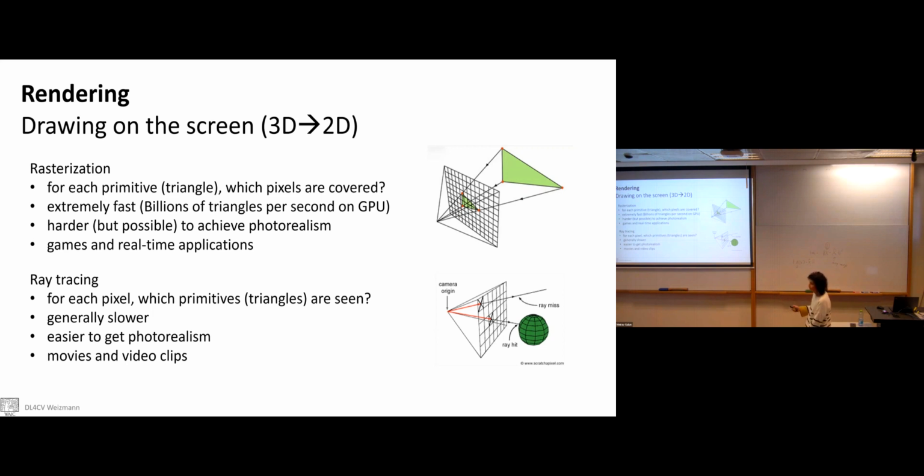It's very useful for real-time applications. In ray tracing, you shoot a ray from the camera origin to any pixel, and you ask yourself, which triangles do I see? It's slower, but it's easier to get photorealism. It's very good for movies and video clips where you don't have real-time requirements.